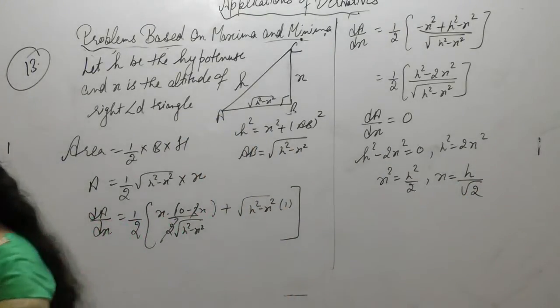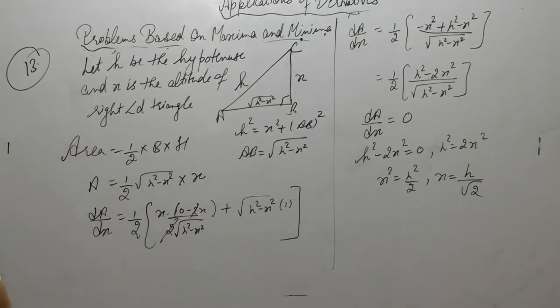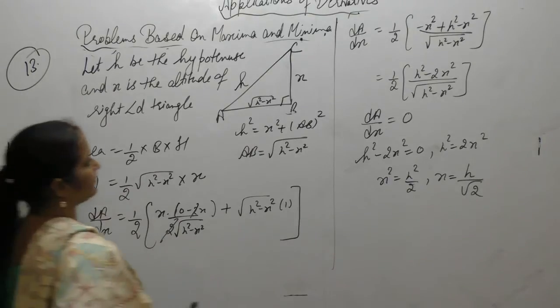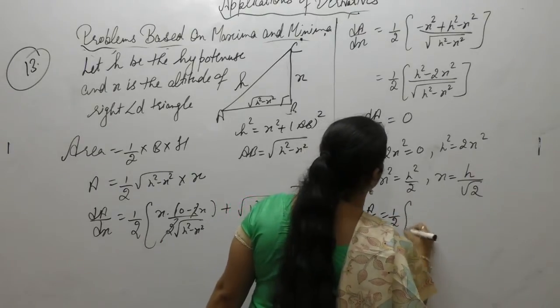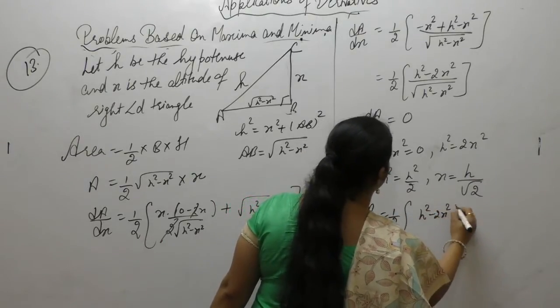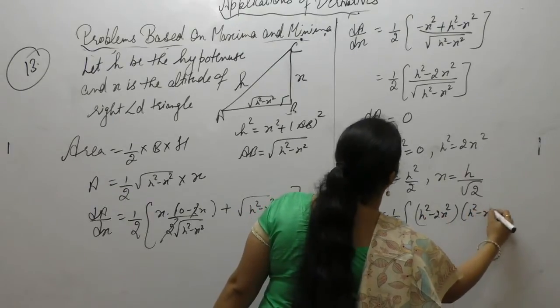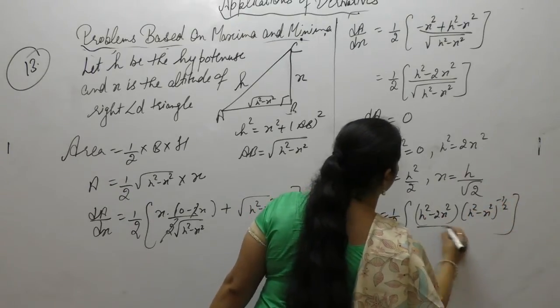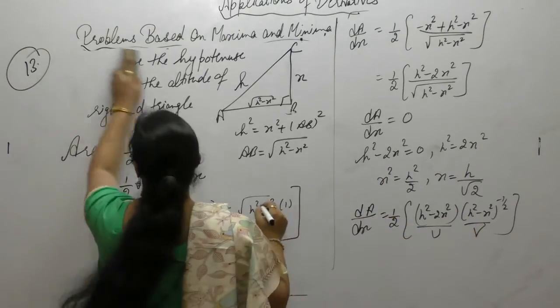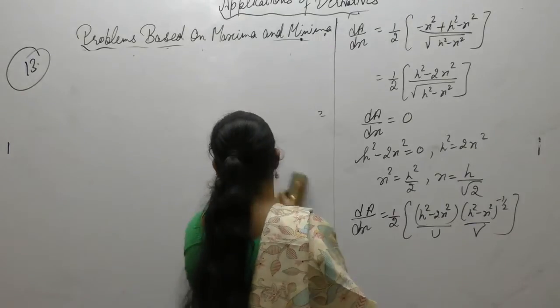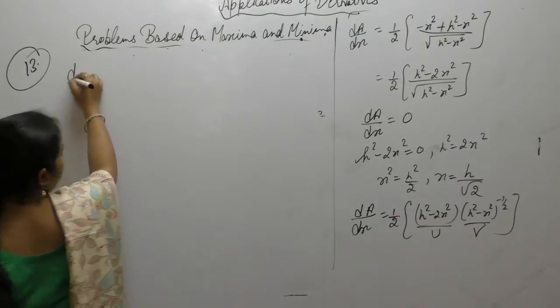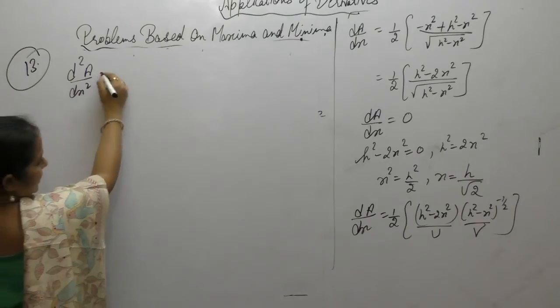Now we have to take the second derivative. dA upon dx is 1 by 2 times h square minus 2x square upon the root. Apply u into v rule here. So what we get is d square A upon dx square.